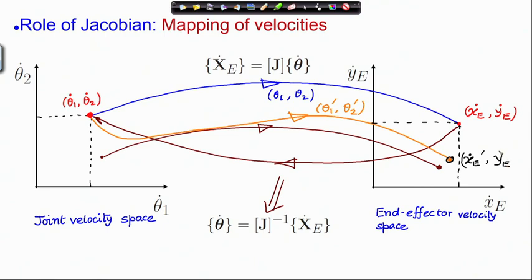So, x e dot prime and y e dot prime, though my starting point was the same. So, this forward velocity relation and of course, the inverse velocity relation as well, they are dependent on the configuration.